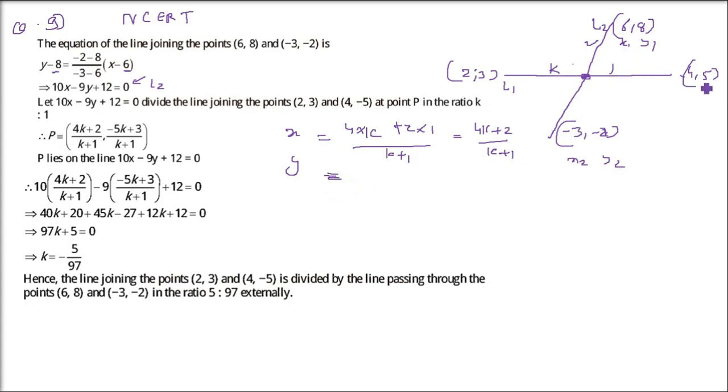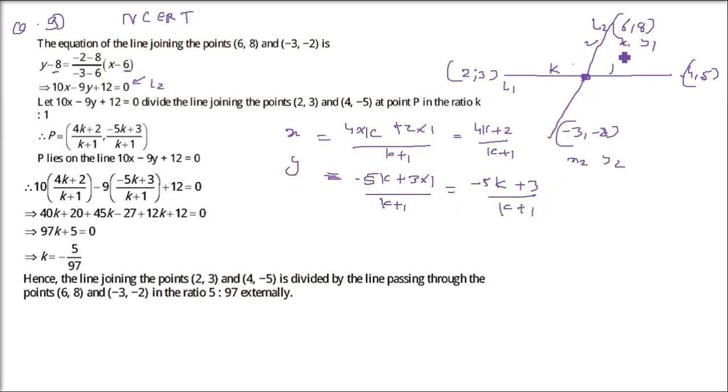And y will be minus 5 into k plus 3 into 1, that will be minus 5k plus 3, divided by k plus 1. So what you are going to get? Minus 5k plus 3 by k plus 1.